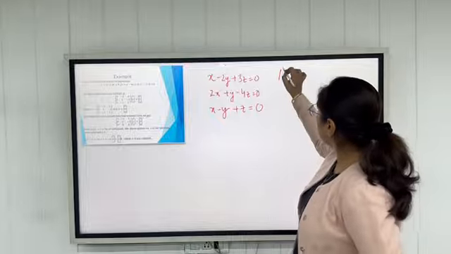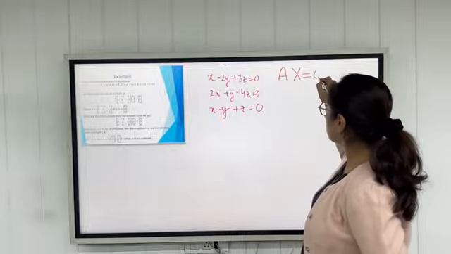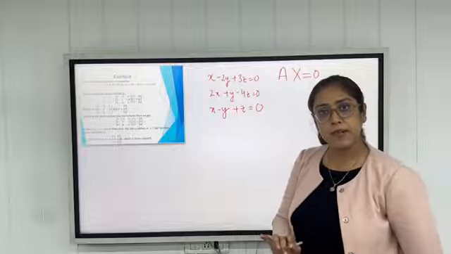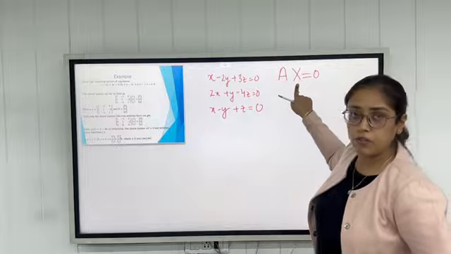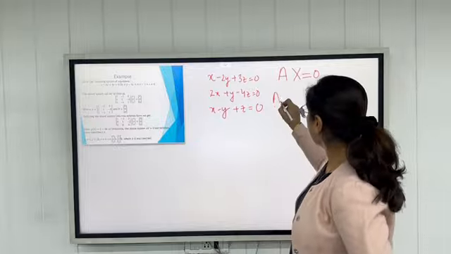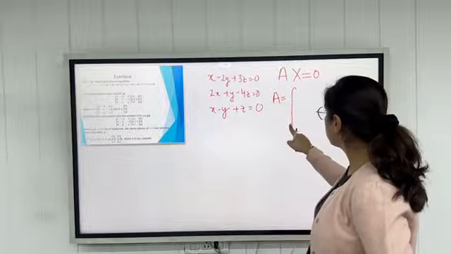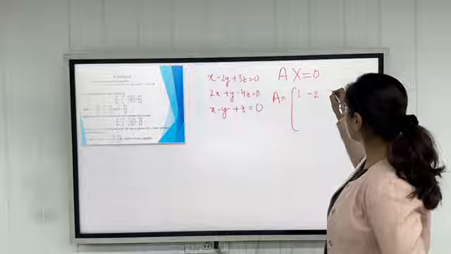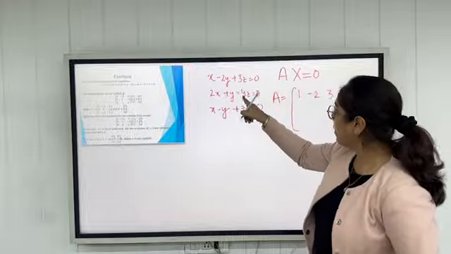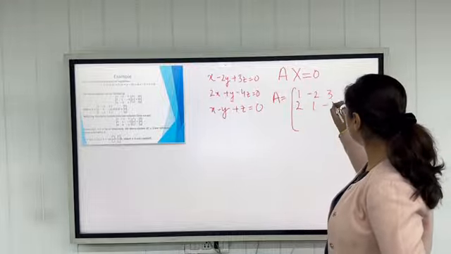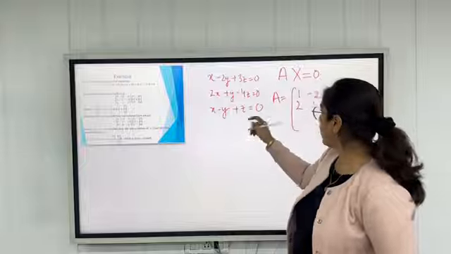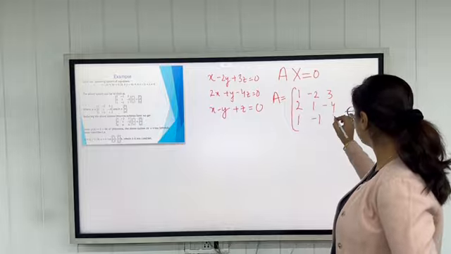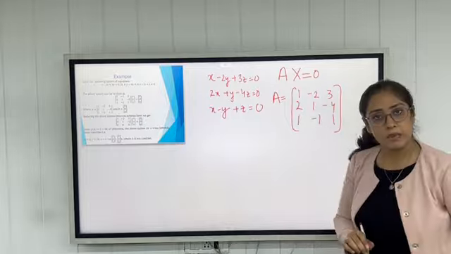So this can be written in the form Ax equals 0, where A is the coefficient matrix and x is an unknown vector. What will be the value of A here? Write the coefficients: 1, minus 2, 3; 2, 1, minus 4; 1, minus 1, 1. So this is our A matrix.